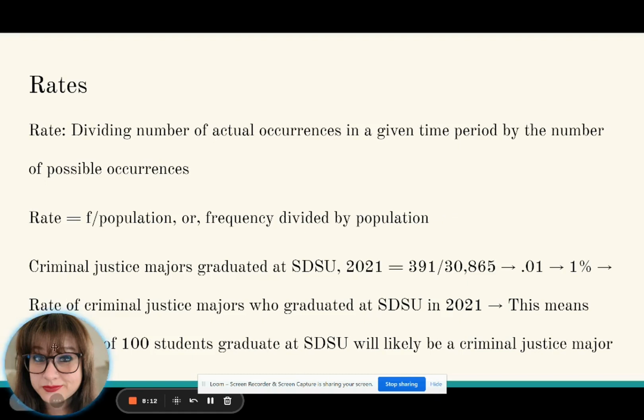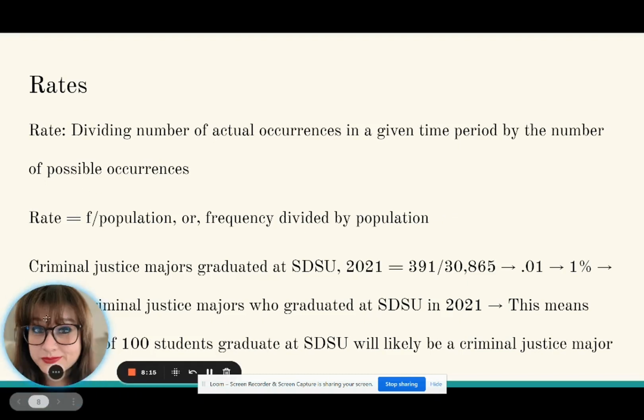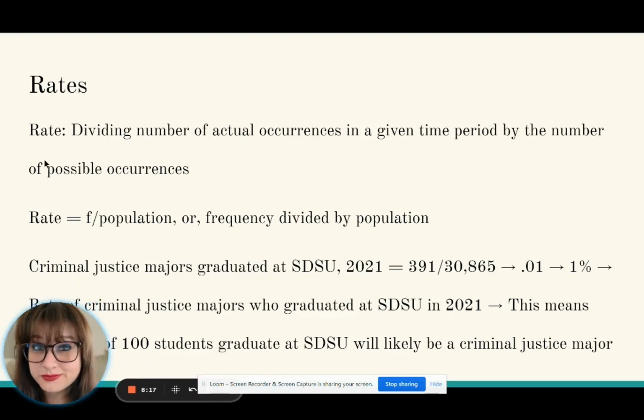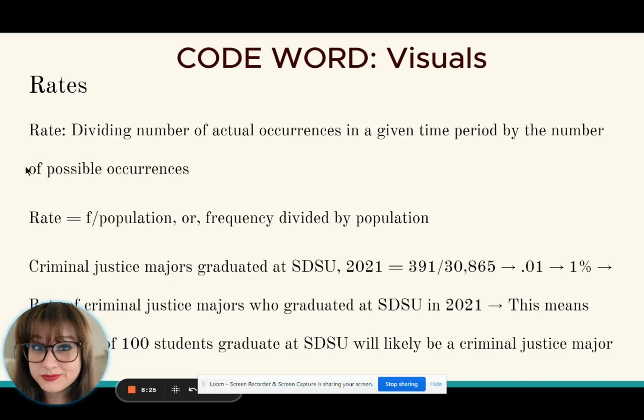Now, that does not mean that only 1% of the graduates are criminal justice majors. It means of all of the San Diego State students who were enrolled in 2021, 1% of them were criminal justice majors who graduated. It also is 1 out of 100 because 1%, right? And that's what that is looking at. So that is that rate.